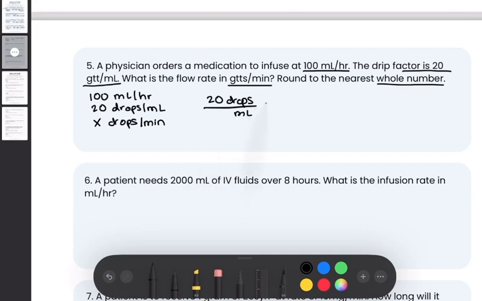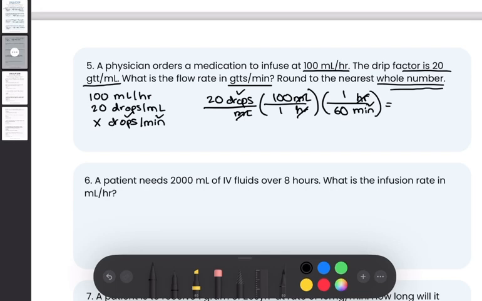So start with your drops per milliliter and write a conversion where your answer will be given in drops per minute. And remember, 1 hour has 60 minutes. And you're given that 100 milliliters is infused over 1 hour. Ensure your units match.